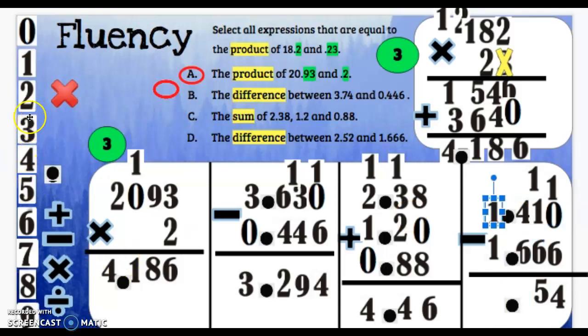And the 4 becomes a 14. 14 minus 6 is 8. And then 1 minus 1 is 0. So right there, that's my answer. It's not the same, so I cannot circle D. So the only one I'm circling is A.